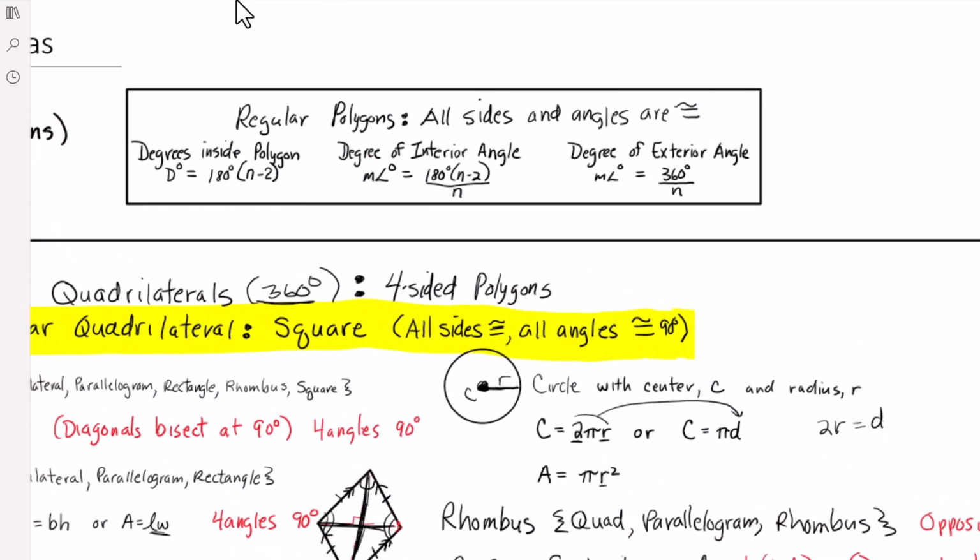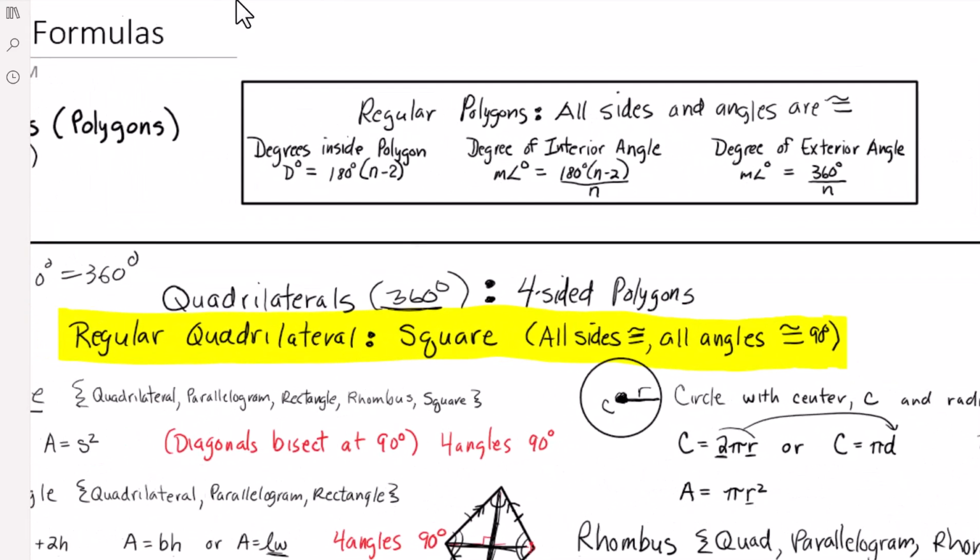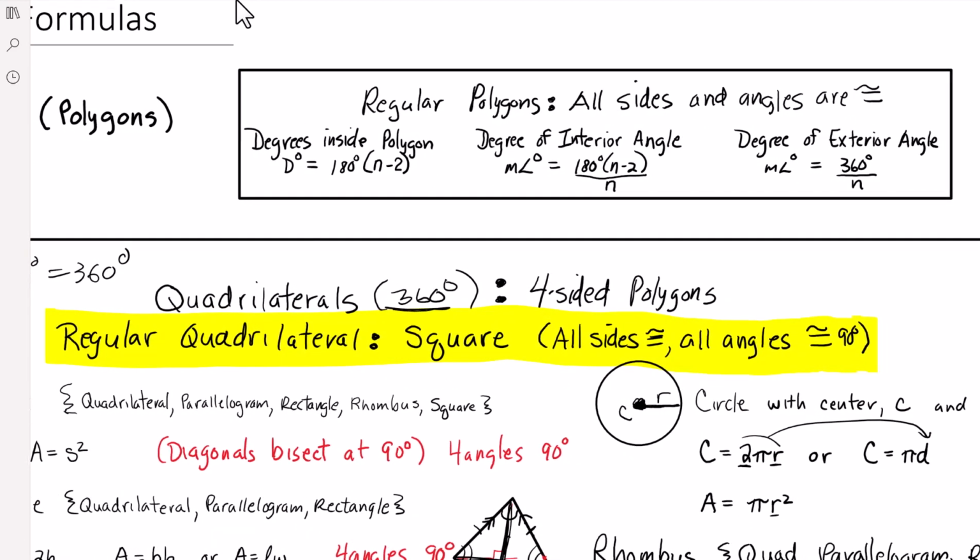Oh, one last thing. Polygons, if you're trying to find the degrees inside the polygon, you take 180 degrees times the number of sides, subtract 2. So if you've got a hexagon, so that's 6 sides, 6 subtract 2 is 4.